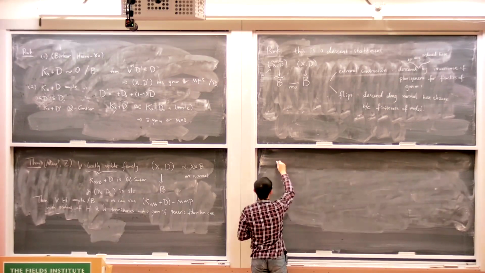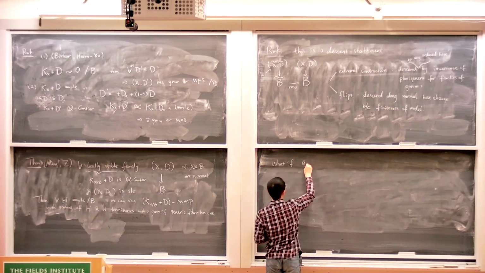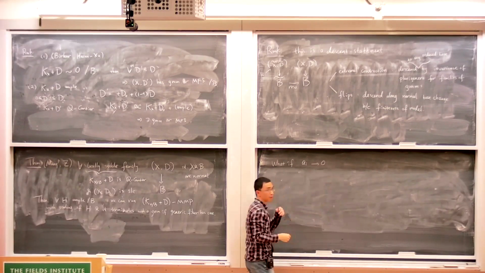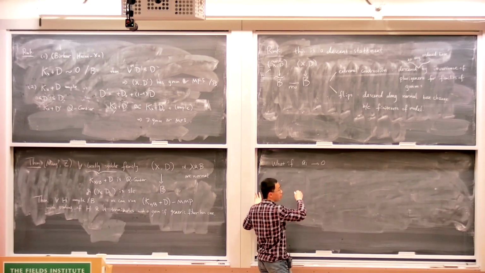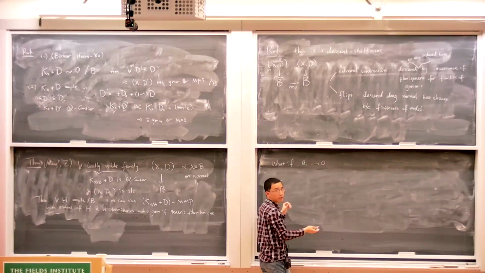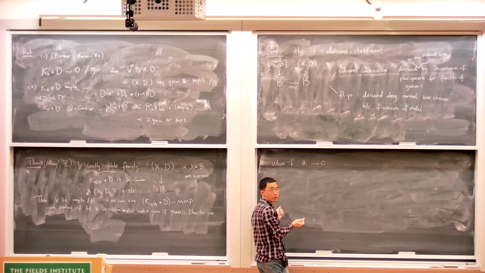So the question is, what if I drop the coefficient just to 0? So I'm forgetting one marked divisor. We expect this to work even in higher dimension, but this would be essentially equivalent to the abundance conjecture.